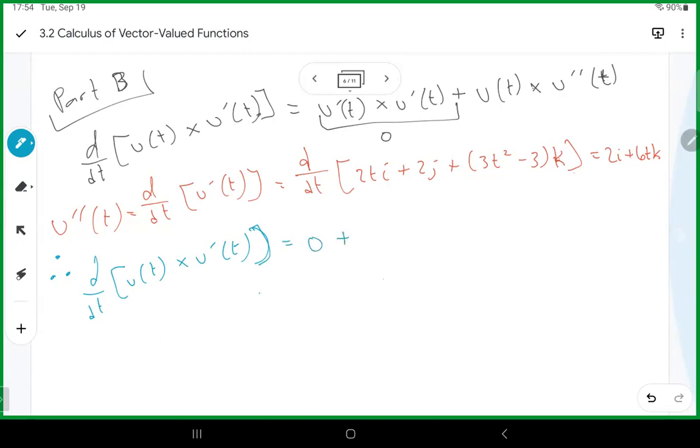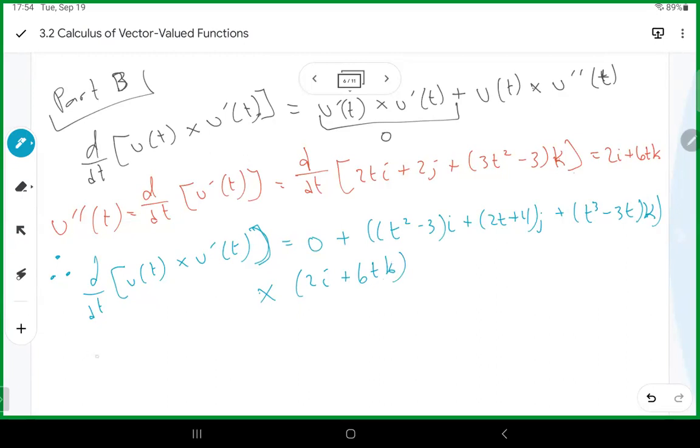zero plus t squared minus 3i plus 2t plus 4j plus t cubed minus 3t k cross 2i plus 6t k.